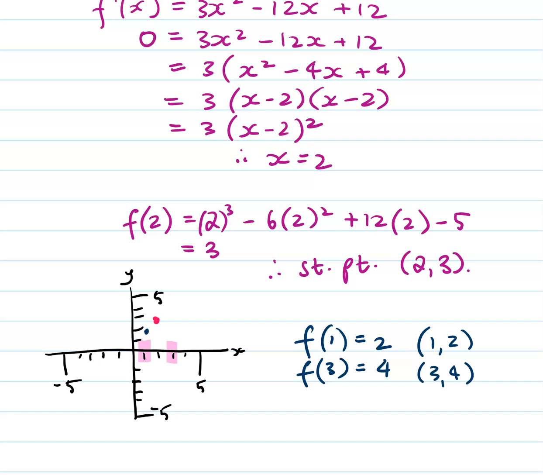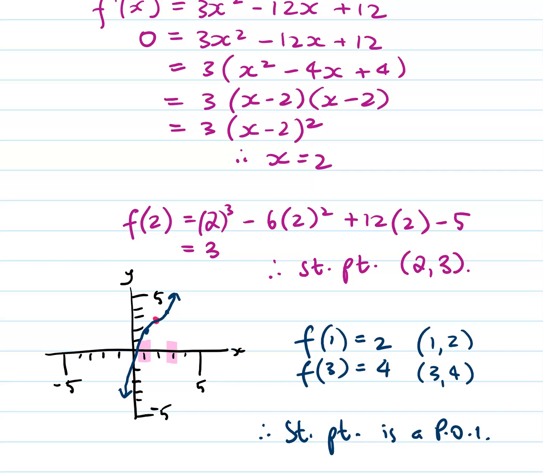So 1, 2 is going to be there, 3, 4 is going to be there, and that proves to me that what I have there, that red spot, is going to be a point of inflection and not a turning point, because it does not turn back on itself. So therefore the stationary point is a point of inflection.